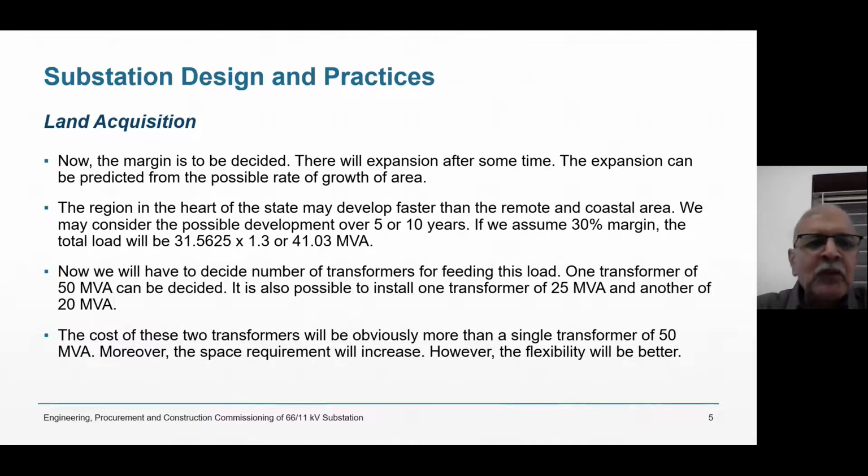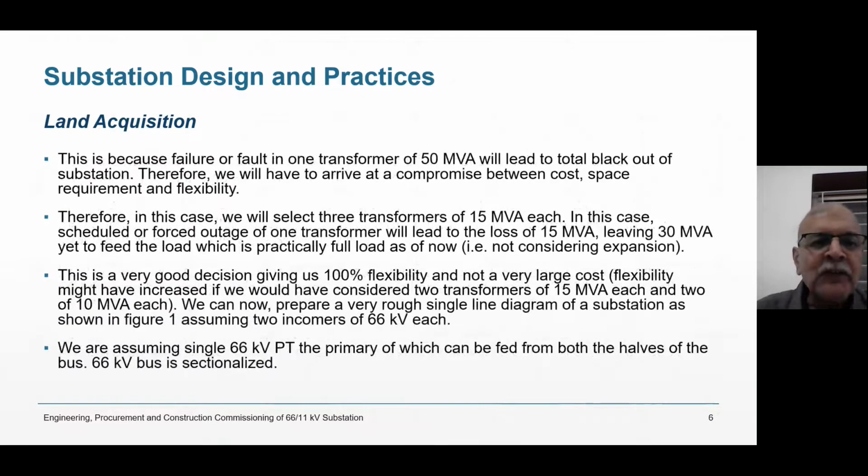How do I go for three transformers? I'll tell you like this. Three transformers of 15 MVA each. So 45 MVA is complete. My demand is met.